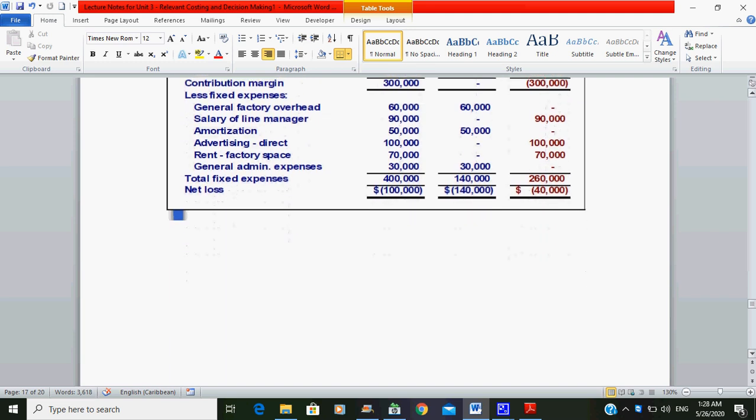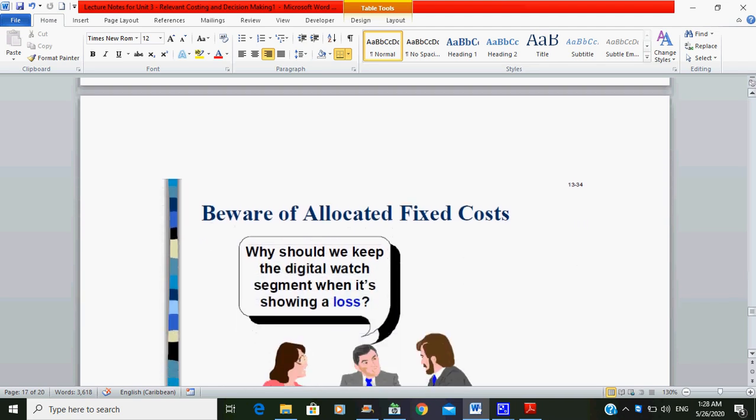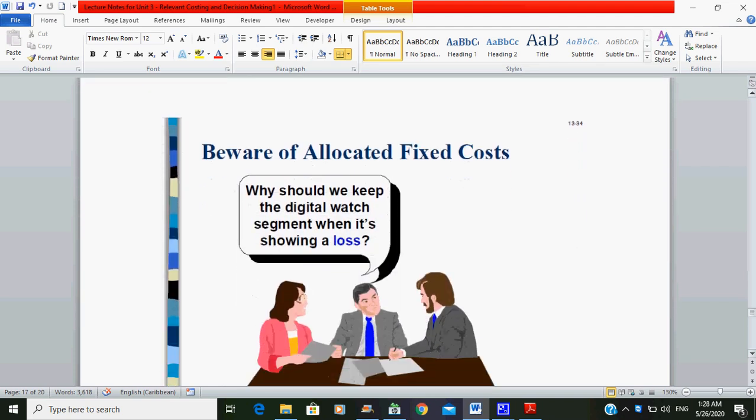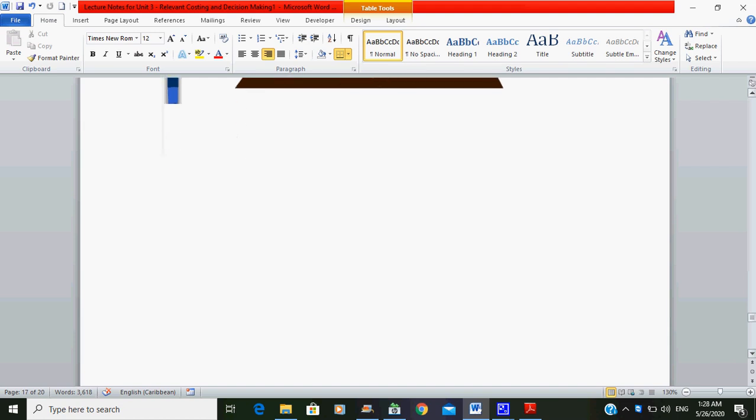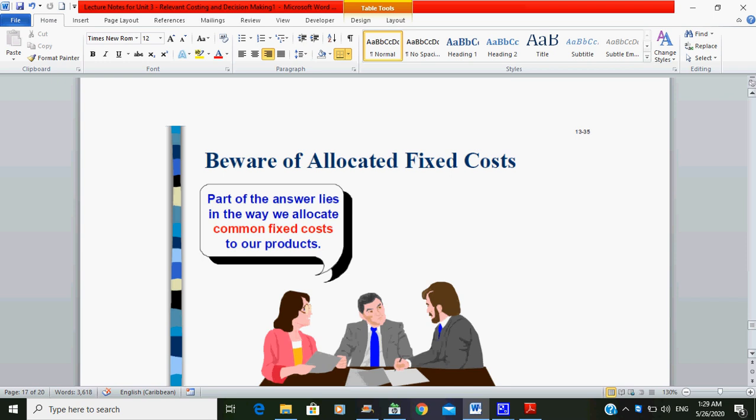Let's go further. Now, why should we keep the digital watch segment when it is showing a loss? The question. Now, part of the answer lies in the way we allocate common fixed costs to our products.